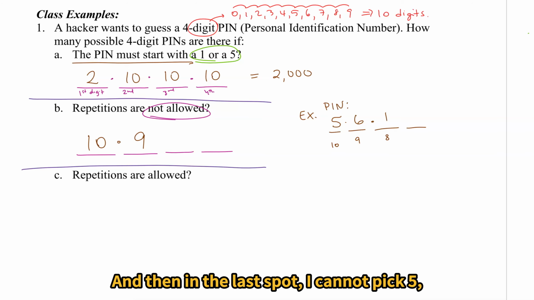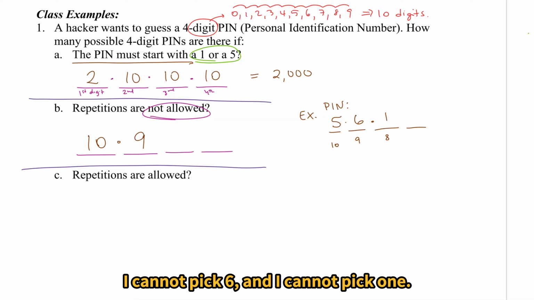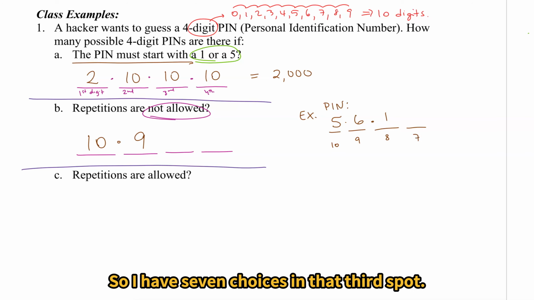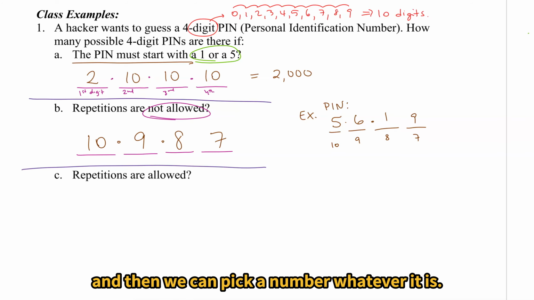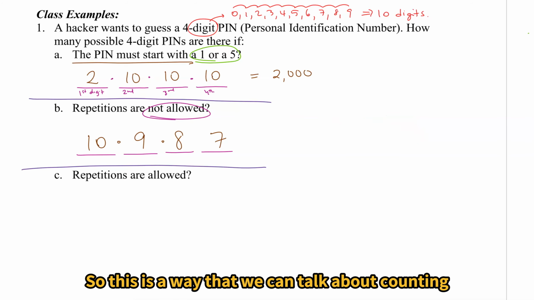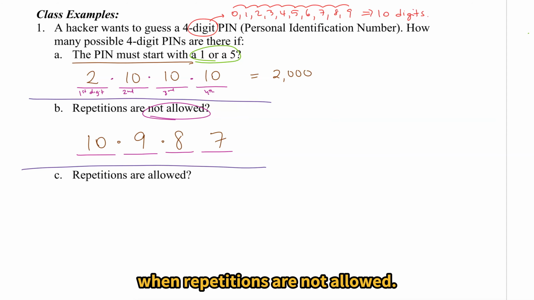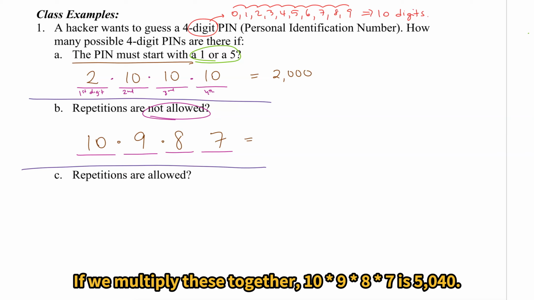And then in the last spot, I cannot pick 5, I cannot pick 6, and I cannot pick 1, so I have 7 choices, and then we can pick a number, whatever it is. So this is a way that we can talk about counting when repetitions are not allowed. If we multiply these together, 10 times 9 times 8 times 7 is 5,040.